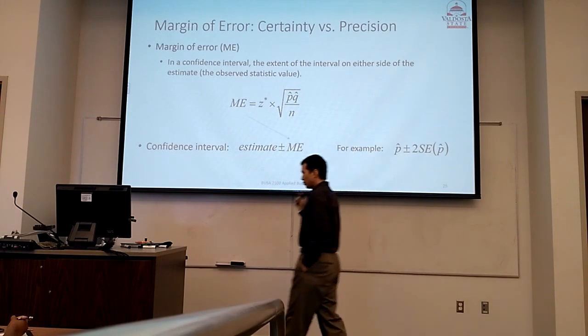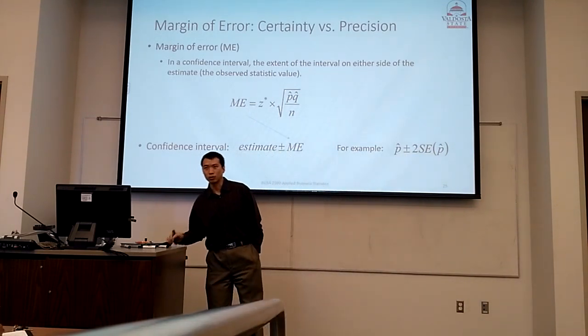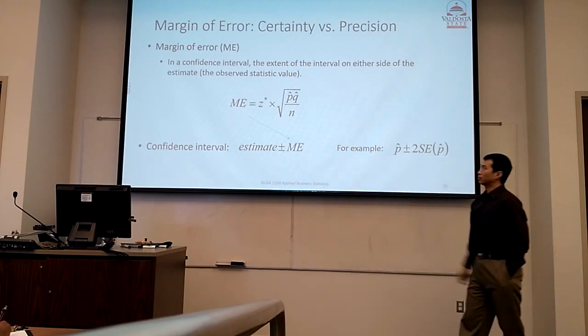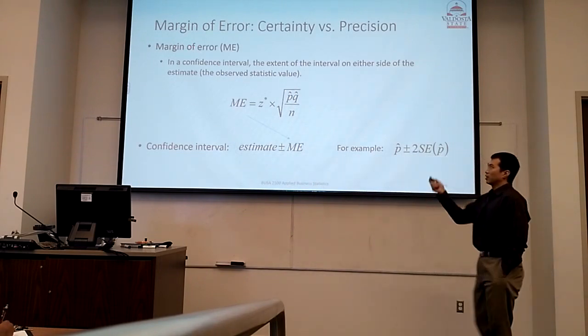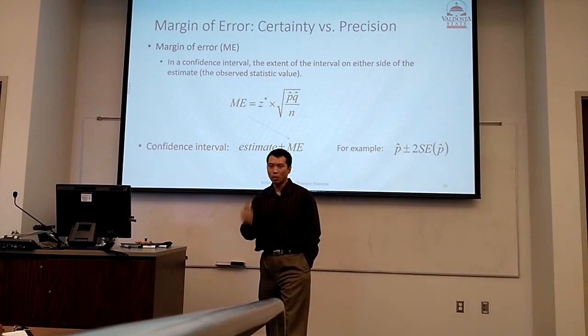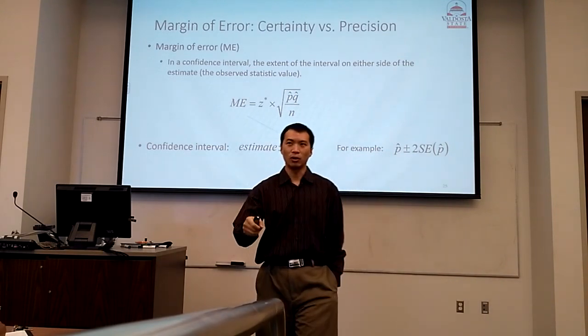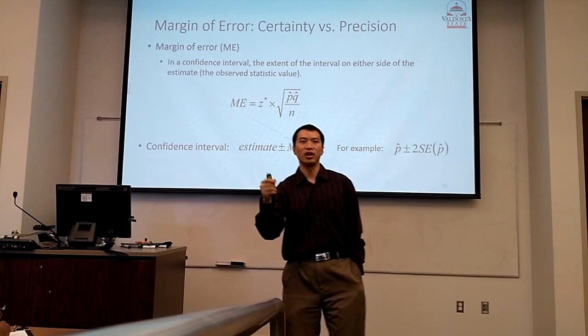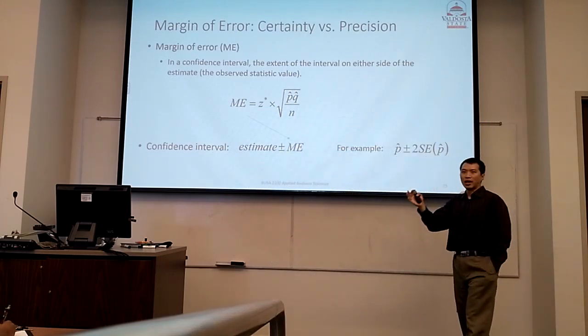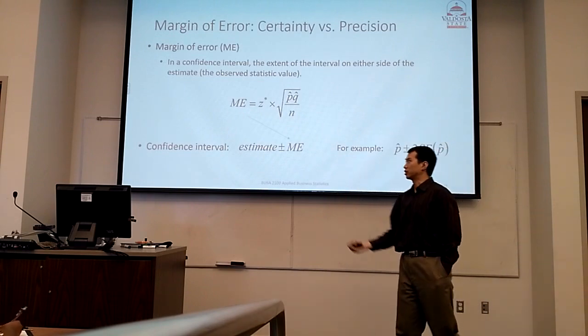So the next element we want to calculate in order to construct the confidence interval is the margin of error. The margin of error tells us how many standard errors, or how many standard deviations, away from the estimate or the sample statistic. Okay?